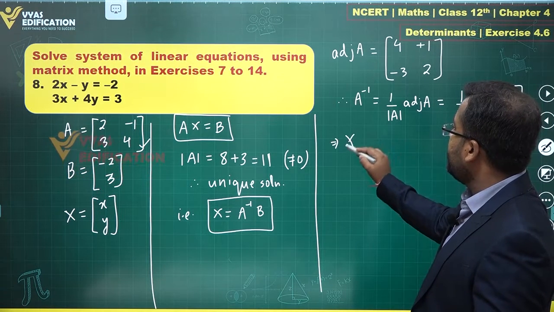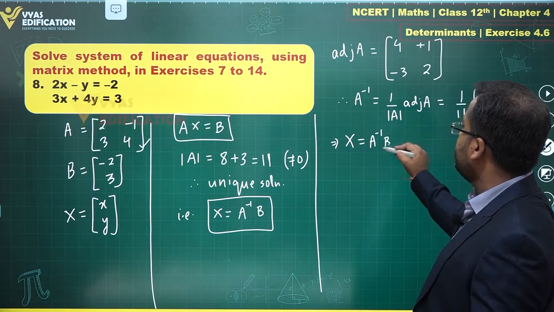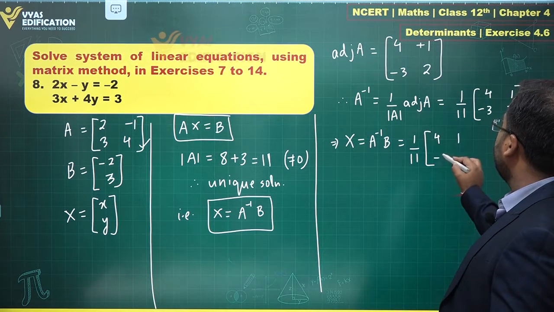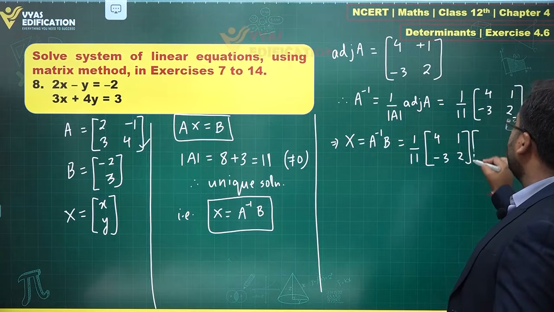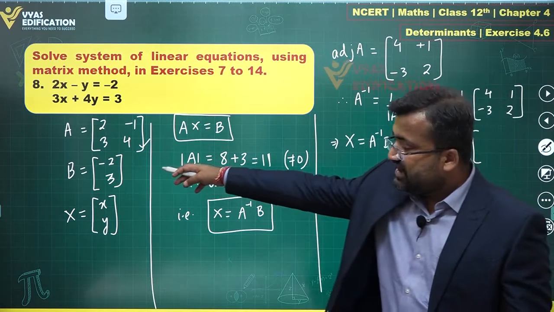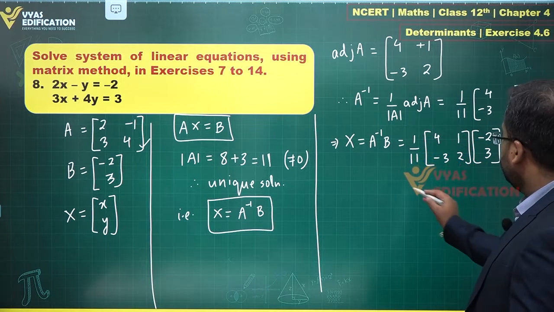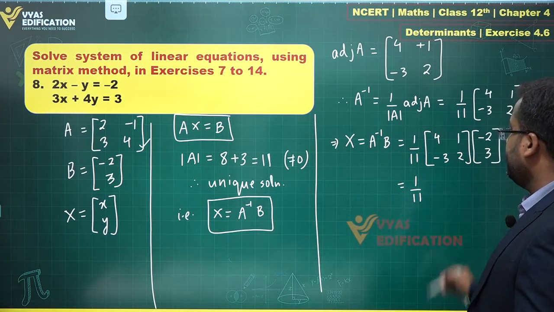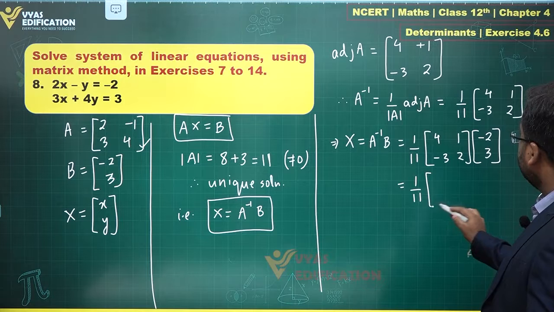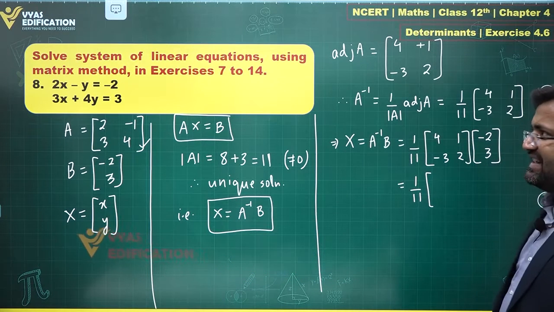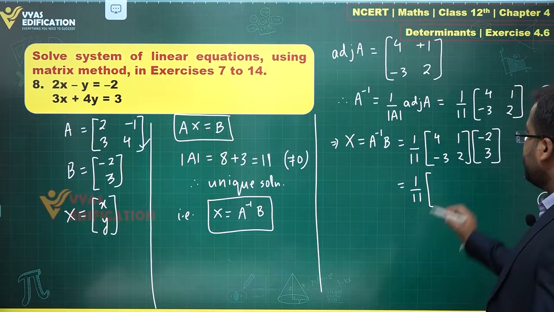This gives me X equals A inverse times B, which is equal to 1 upon 11, 4, 1, minus 3, 2 times the other matrix, that is B. B matrix is minus 2, 3. This equals 1 by 11, and this product: 4 times minus 2 is minus 8, 1 times 3 is 3, minus 8 plus 3 will be minus 5.